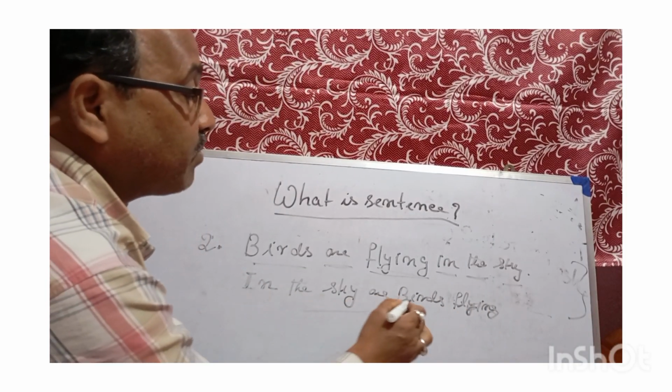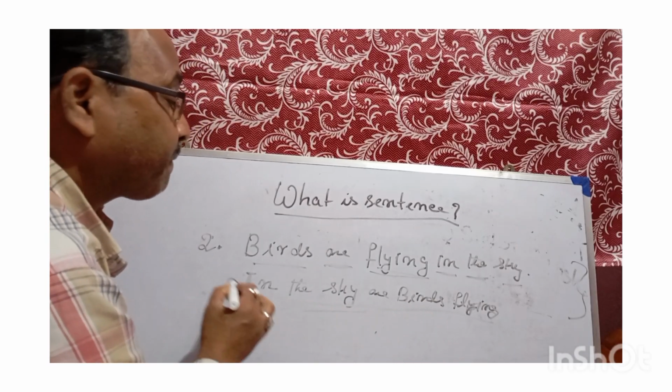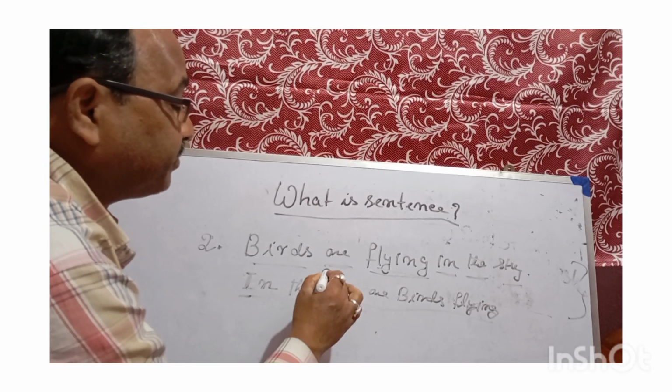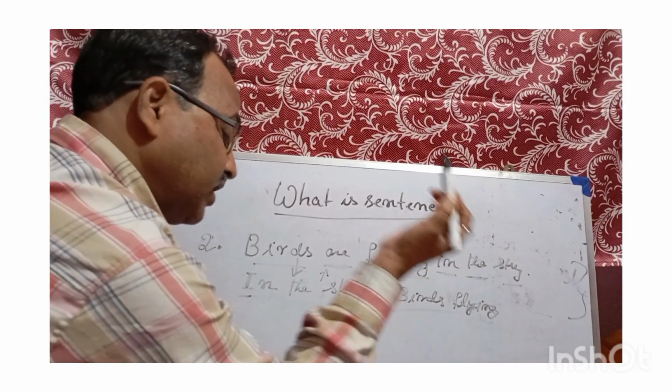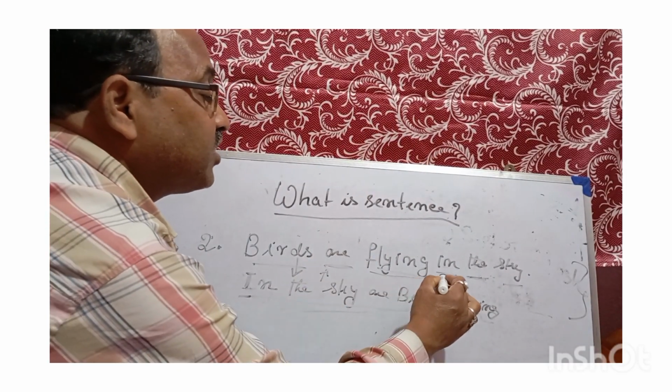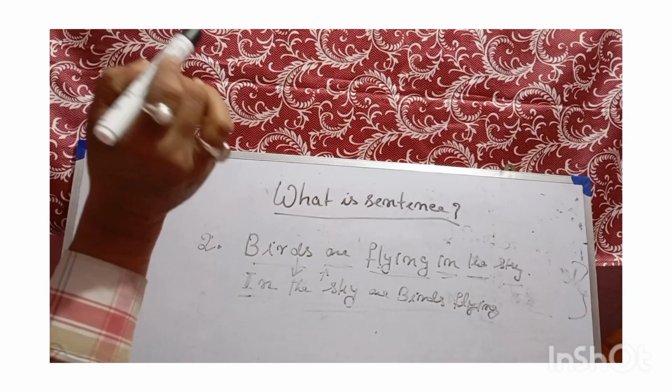In the sky are birds flying. That means birds are flying in the sky. This one is written properly, and this one is not written properly. So one is called a sentence and the other is not called a sentence.